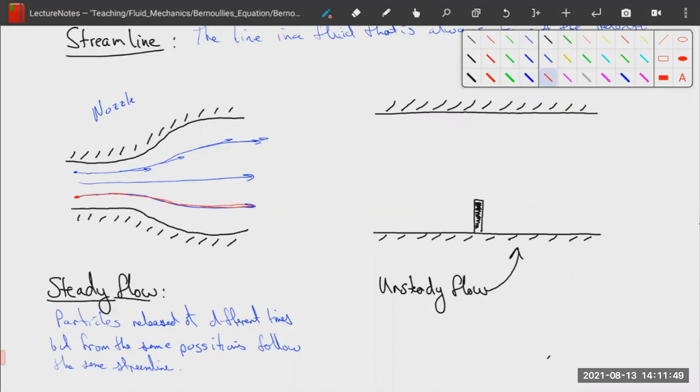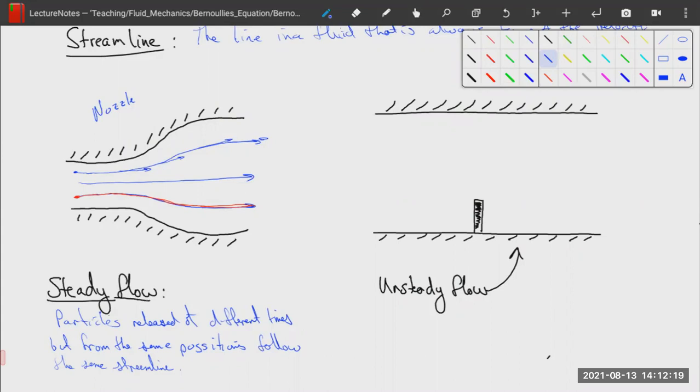The inverse, the opposite, is unsteady flow. So if we have a straight channel here and we introduce an obstacle in the flow, and the flow moves at a high enough speed, and you'll learn later that what matters here is actually the Reynolds number, not just the speed. We will talk about the Reynolds number until you're sick of it. But for now, let's just assume the speed is high enough that we get unsteady flow.